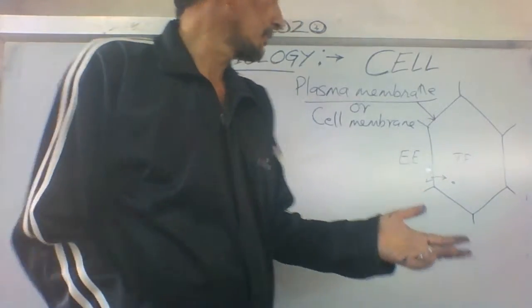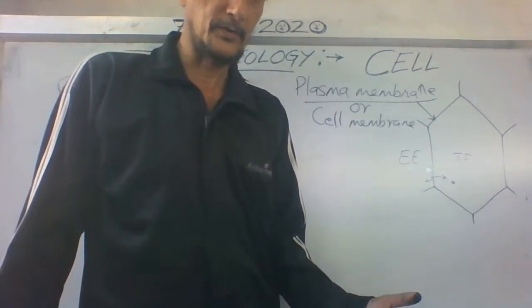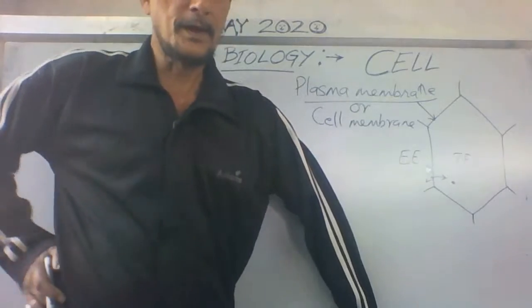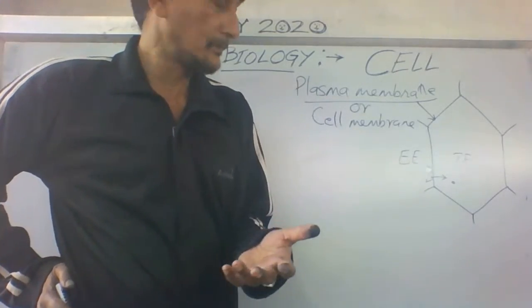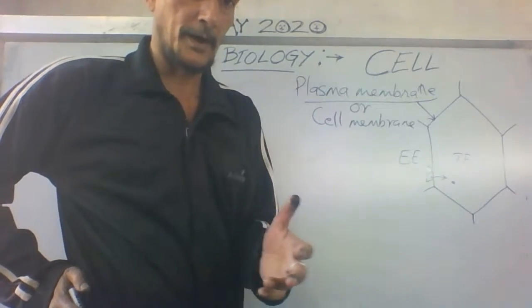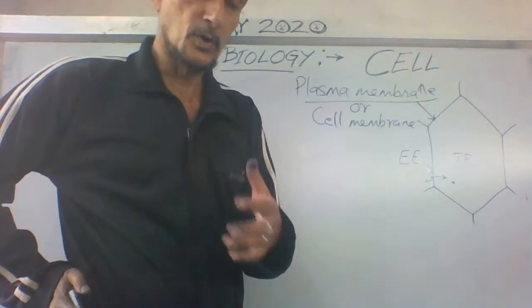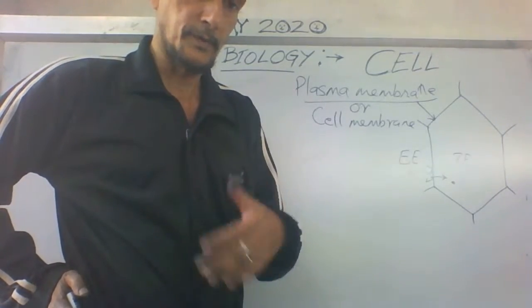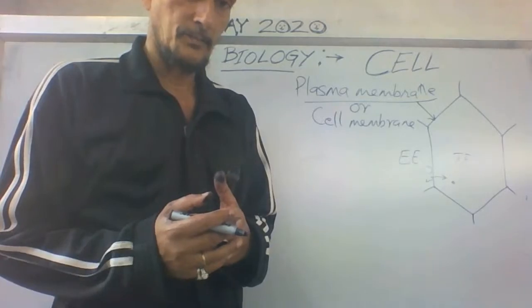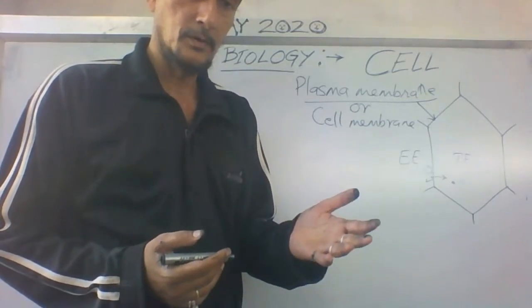Like nowadays, today is 7th of May and the third lockdown has started. In the lockdown period, you have closed the doors of your home and only your family members can come inside, and no external persons are allowed to come. It means the gate of your house is filtering and deciding which person has to come inside and which not.